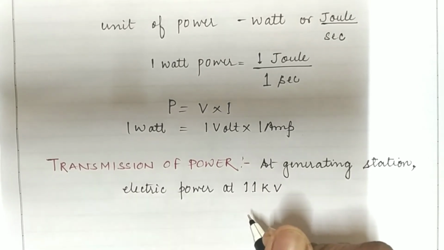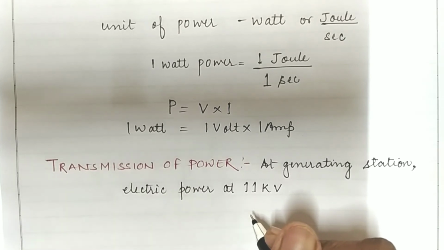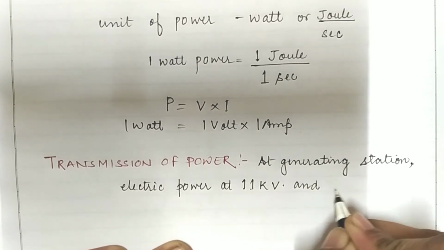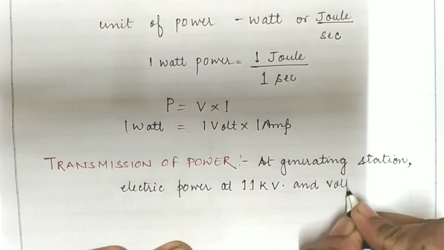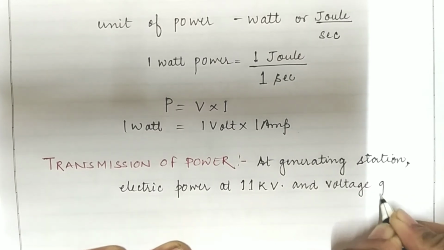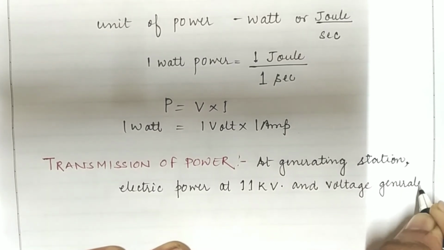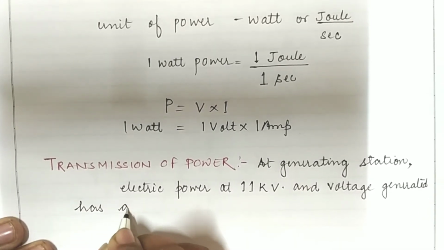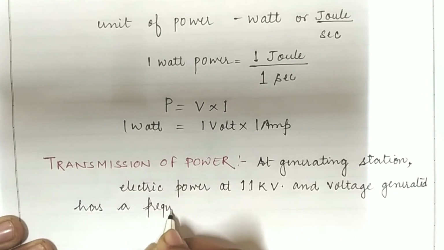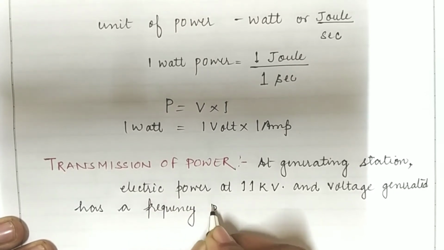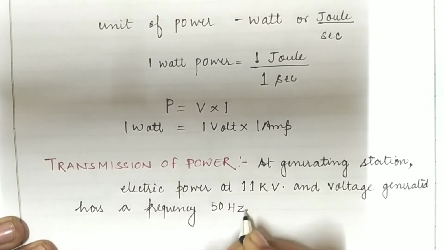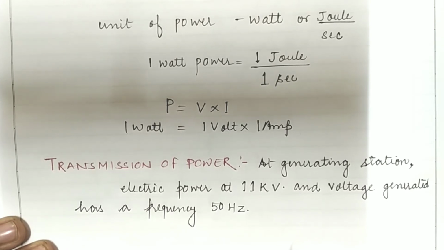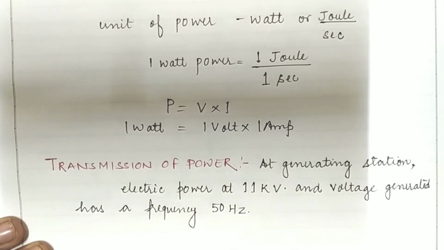The voltage generated has an alternating frequency of 50 hertz. It means that it changes its direction 50 times in 1 second. Sorry, that is 100 times that it changes.